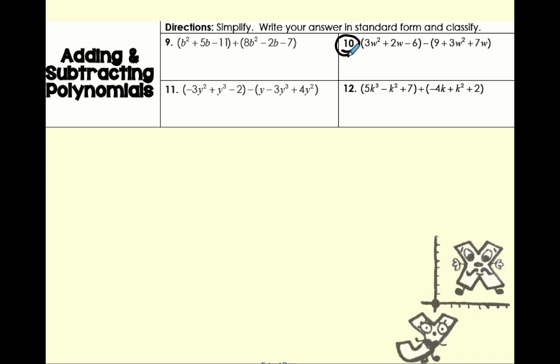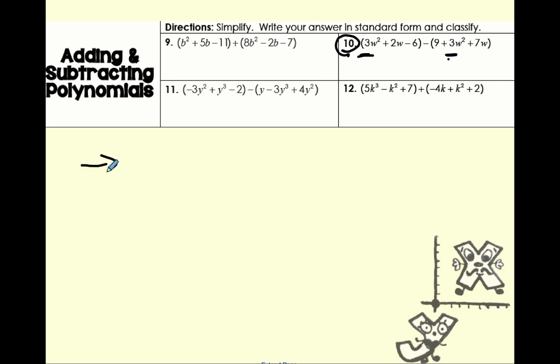Remember, we add like terms, we subtract like terms. So if I have 3w squared and I want to subtract a term from the second polynomial, I have to pick one that also is w squared. 3w squared minus 3w squared is 0w squared.